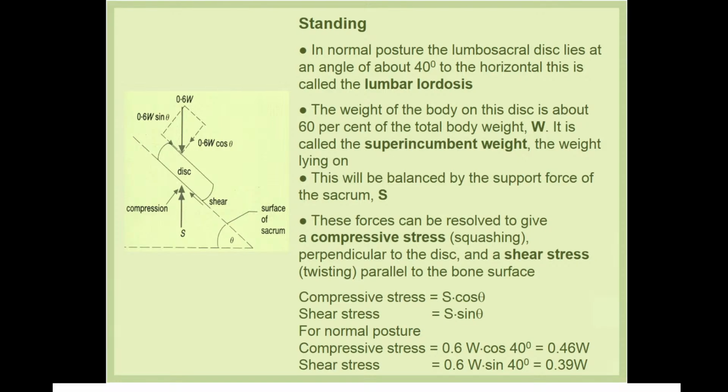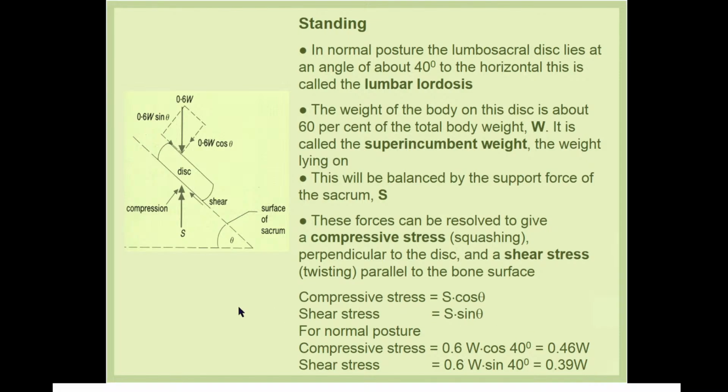These forces can be resolved to give a compressive stress perpendicular to the disc and a shear stress twisting parallel to the bone surface. And you can see what the compressive stress on the disc and the shear stress are, how high these two are.